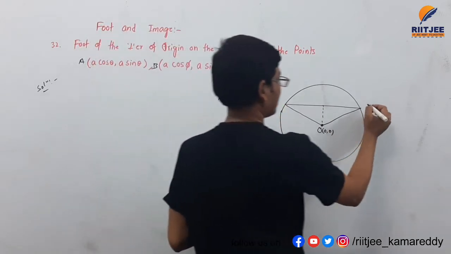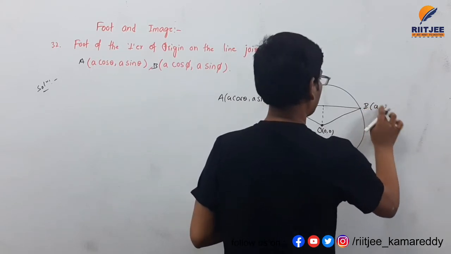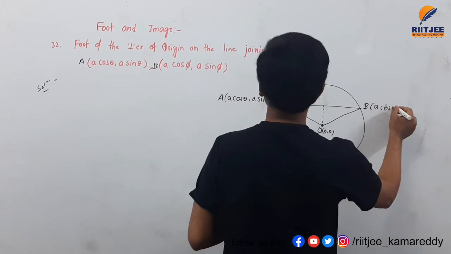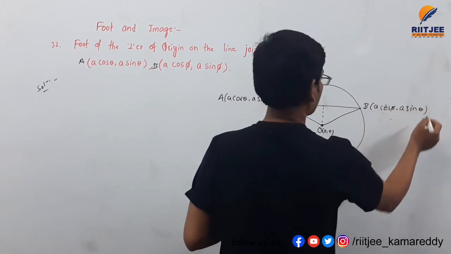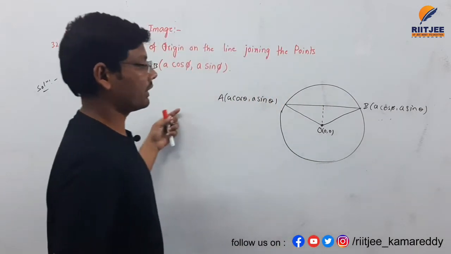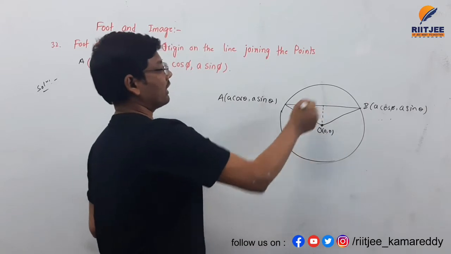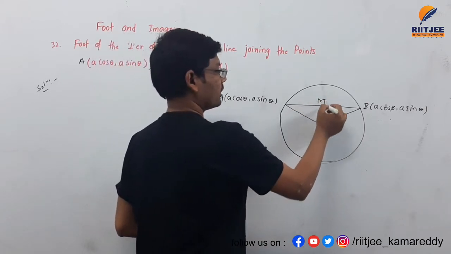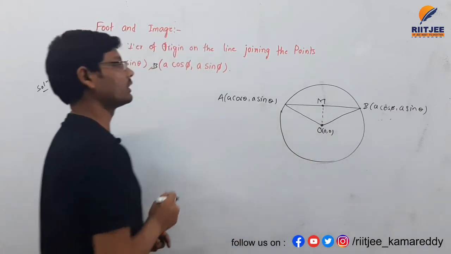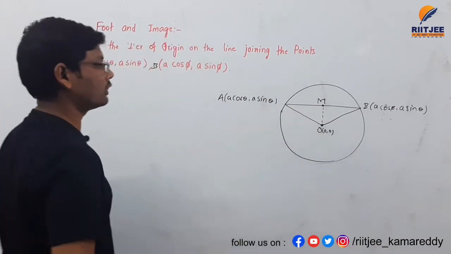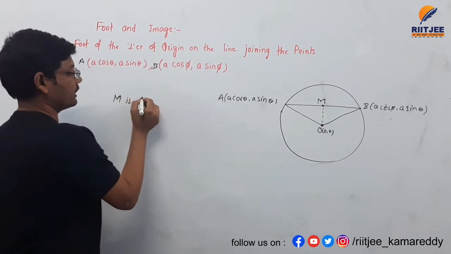Next point B here, A cos phi, A sin phi. This is A, B, and this is O. And the foot of this one is M. M is nothing but the midpoint of AB.